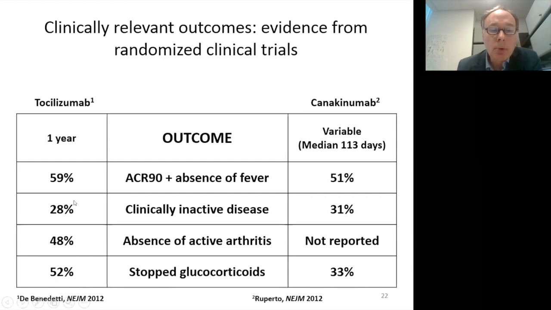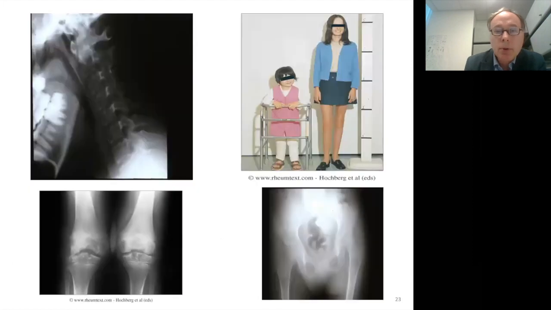It was observed in almost two-thirds of patients. In fact, during the early stages of the treatment, about 30% of the patients developed a complete remission. We observed a complete resolution of arthritis in about 50% of these patients, and about half of the patients were able to completely stop corticosteroids.